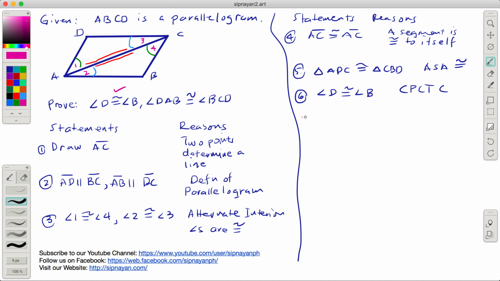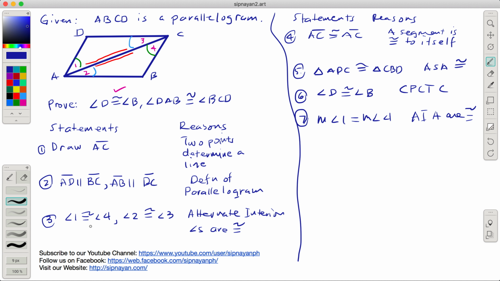So, number 7, statement number 7. We know that measure of angle 1 is equal to measure of angle 4. Ano natin yan, di ba? Alternate interior angles nga sila. Di ba? Are congruent.